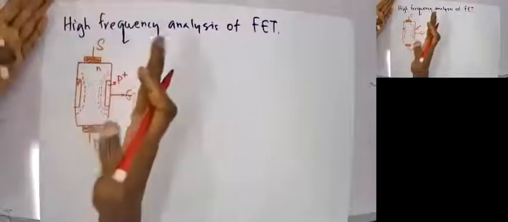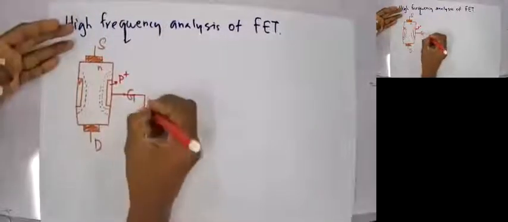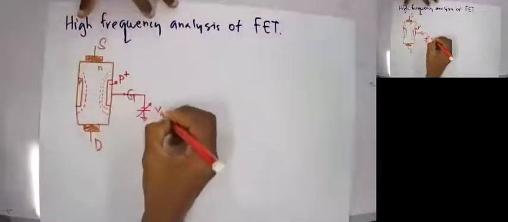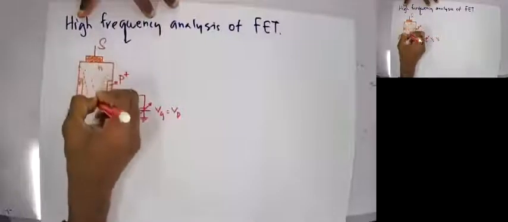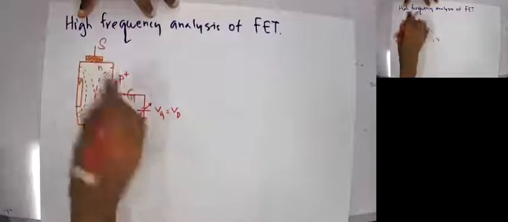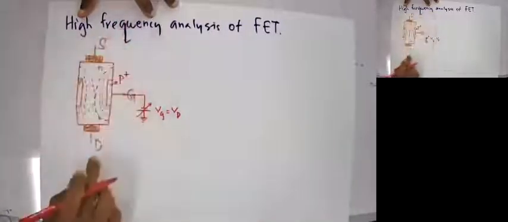Since we have a wraparound gate, we will have depletion regions on both sides, and as we increase the voltage, the depletion region grows. At Vg equals Vp, the depletion region will cover the whole channel, and there will not be any current from source to drain.